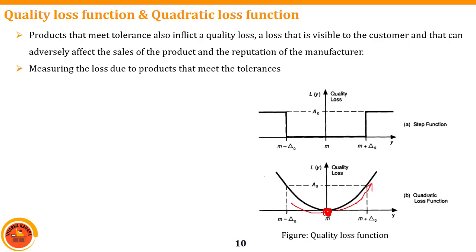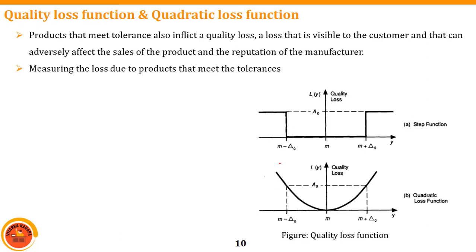If it goes this side, smaller the better. So there are three concepts: nominal the best, larger the better, and smaller the better. These concepts were included to meet the tolerances and satisfy the customer, and they can affect the sales of the product also in the manufacturing area. Because of that, it is going to have a change. So this talks about the quality loss function.